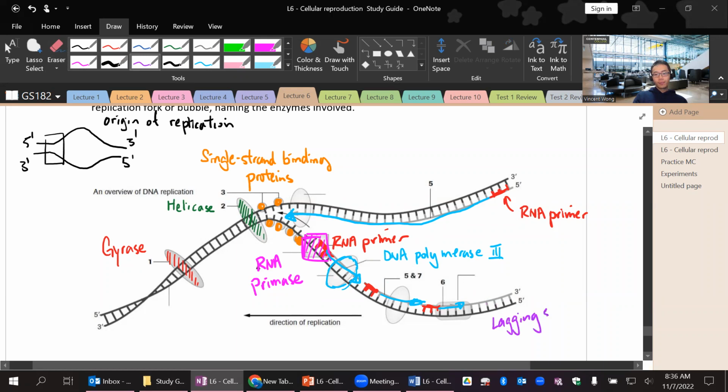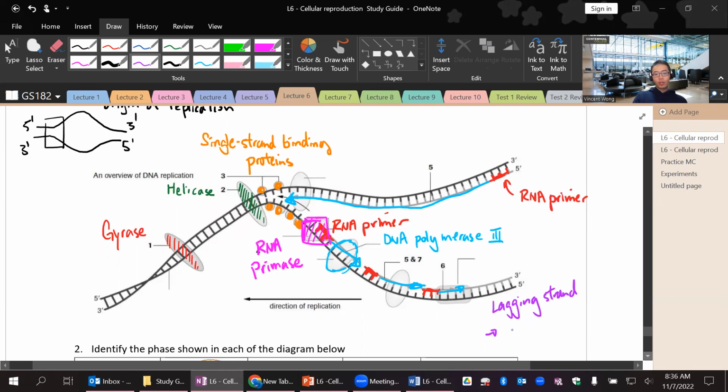Lagging strand. Okay. So lagging strand, a couple things you should know. It's again discontinuous. There are these Okazaki fragments, right? It's away from the fork.